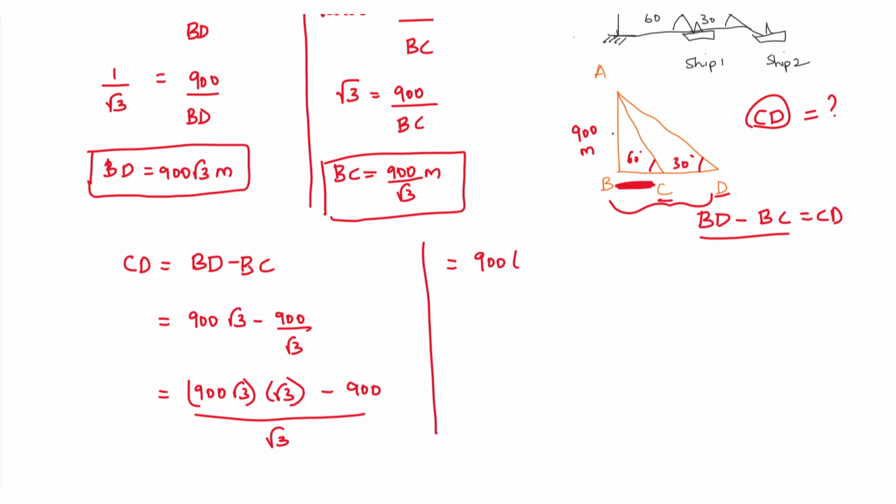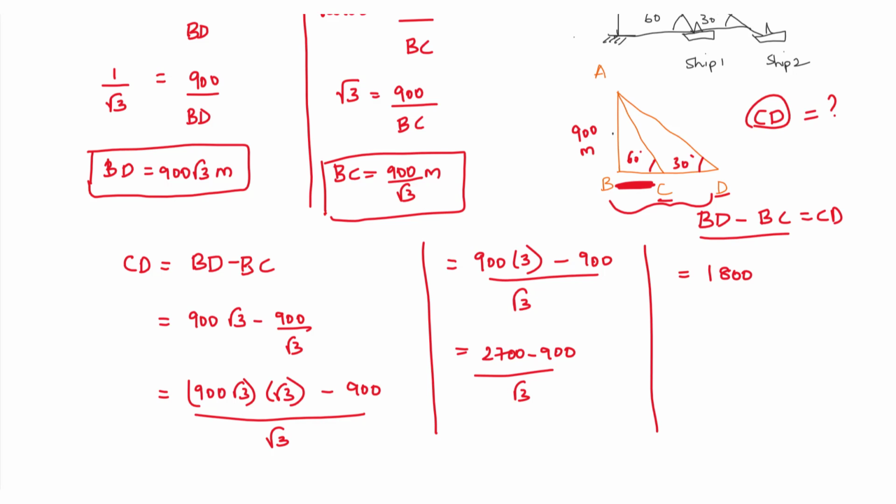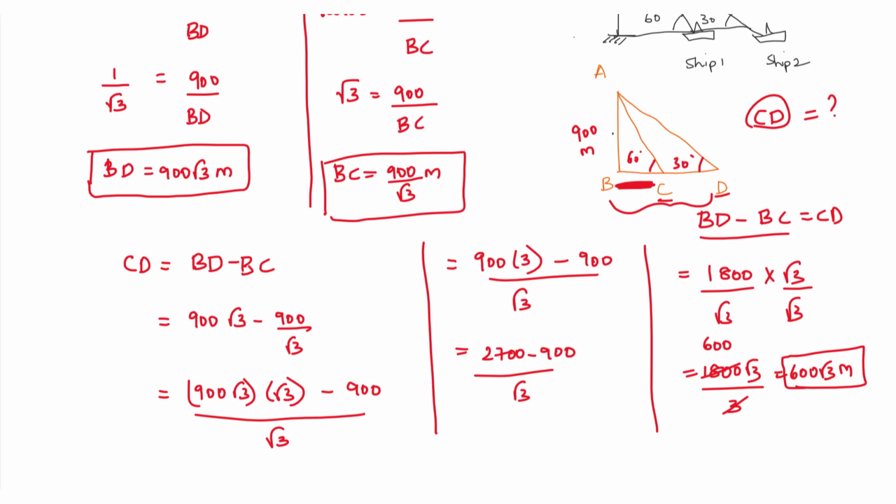So therefore it is 900 into 3 minus 900 by root 3. 900 into 3 is 2700 minus 900, which will give us 1800 by root 3. Always remember, the denominator should not be in root terms. So what you have to do is rationalize. Multiply and divide by root 3 by root 3. So you get 1800 root 3 by 3. 3 sixes are 18, 600. So 600 root 3 meter is the distance between two ships.